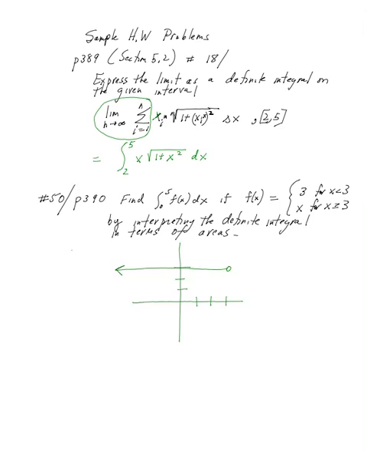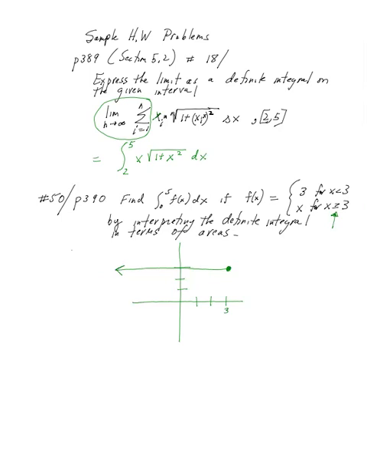So when x is 3, f of x is x, so 3, 3 is on the graph. So this point gets filled in, because when x is 3, 3 is greater than or equal to 3. 3 fits in this bottom category here. The height of the graph is just x.